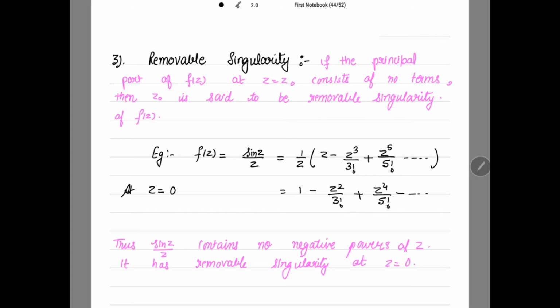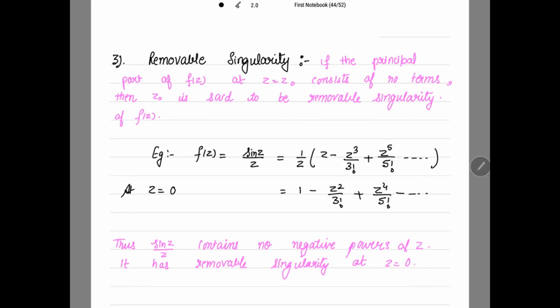Is there any principal part in this? No, because for the principal part, z comes in the denominator, right? So this function has no term of the principal part.